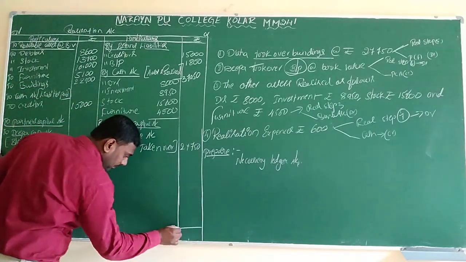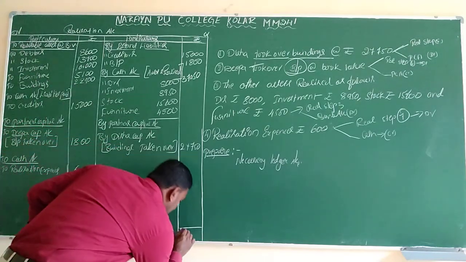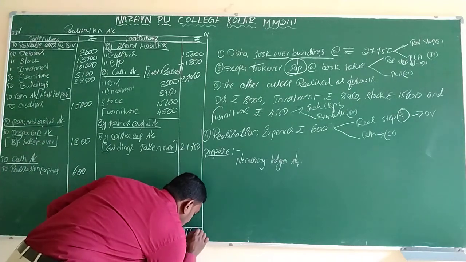Now it's time to close that account. According to this question and solution, the credit side has the highest value, so we have a profit. The total is 81,600. Every side you will get 81,600.